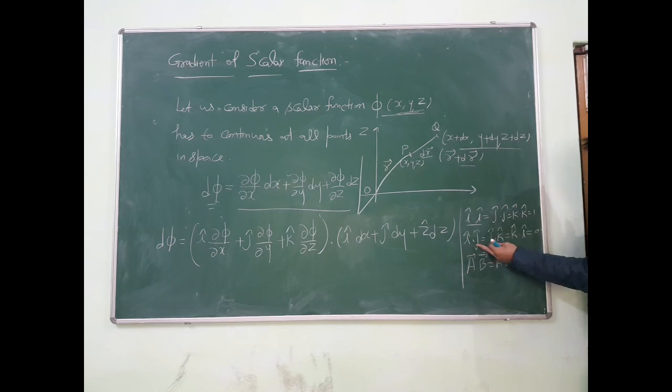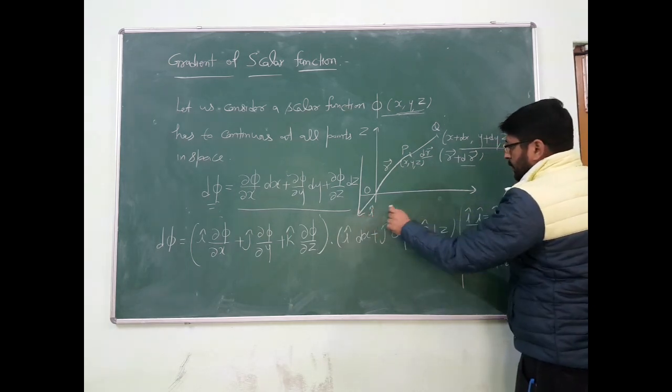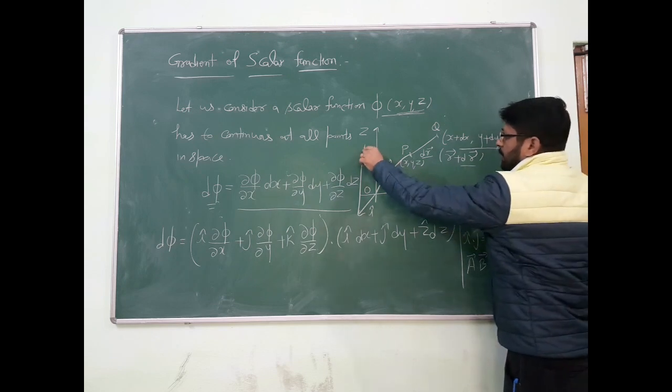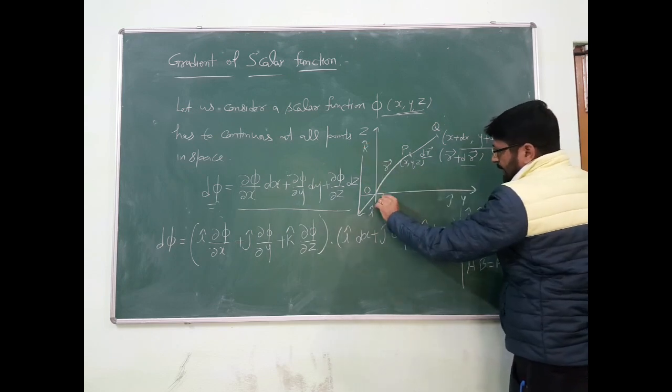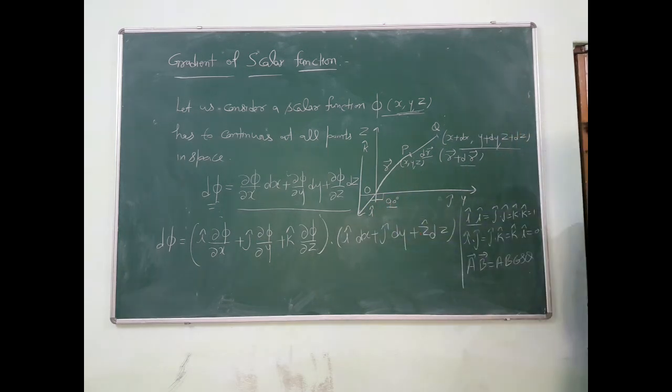But i dot j, j dot k, k dot i is always 0. This was our x, i cap, this was our j cap, y, and this is our k cap. The angle between i and j is 90 degrees, so this will be ab cos 90, and cos 90 is 0. Because of that, this term becomes 0.